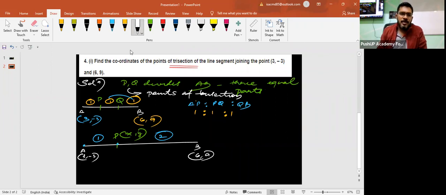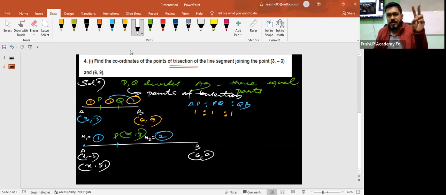Let me assume m1 is equal to 1 and m2 is equal to 2. If m1 is equal to 1, then I will consider the coordinates of A as x1, y1. If PB is considered to be 2 parts, I mean m2, then I will consider the coordinates of B as x2, y2.